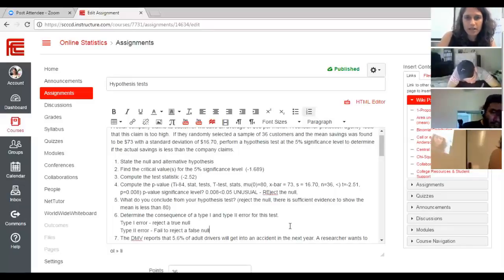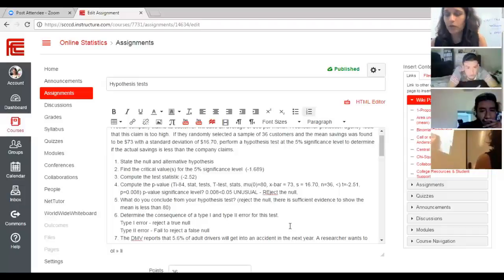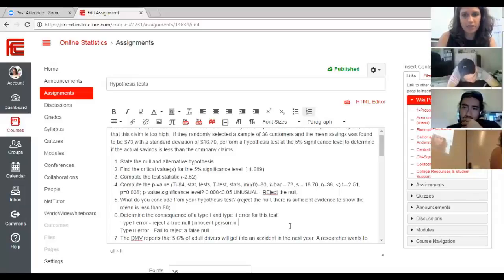So in other words, there's two mistakes you can make. Like you can put an innocent person in jail, or you can let a guilty person go free.